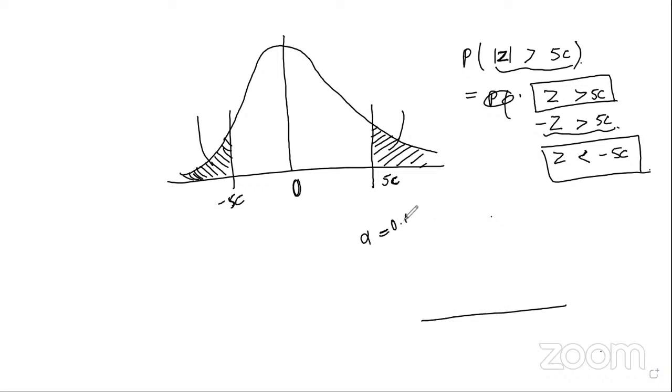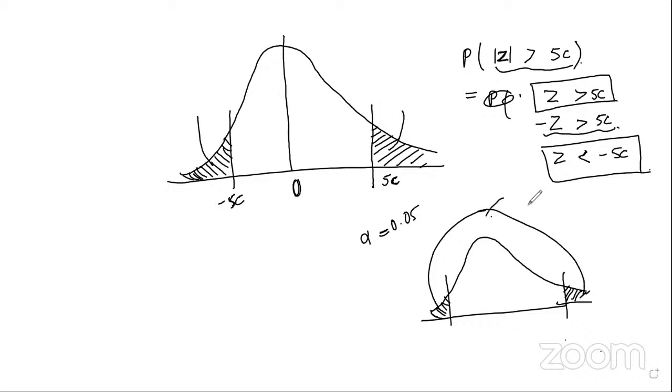So let's say alpha is 0.05 and it is a two-tailed test, then this area and this area combined is going to give you 0.05. So individually, this is going to be 0.025 and this is also going to be 0.025.